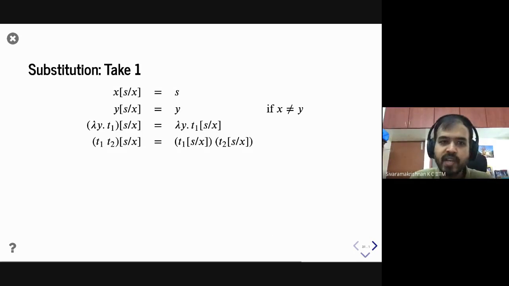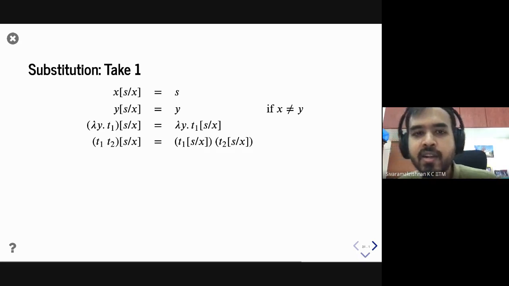Okay, so here is my take one of how to implement substitution. Here is the term M, N, and then the variable. If the lambda term is X, I want to replace all free occurrences of X with S, because X is the same as X. The result will be just S. I use S because S stands for substitution.